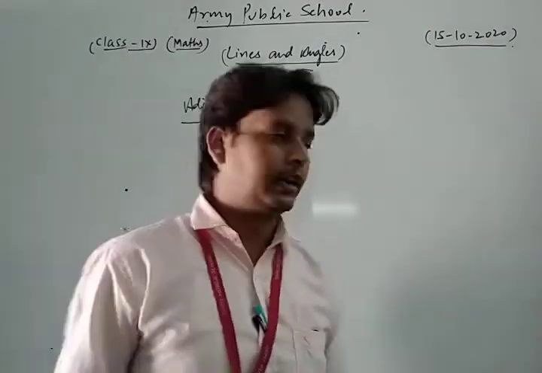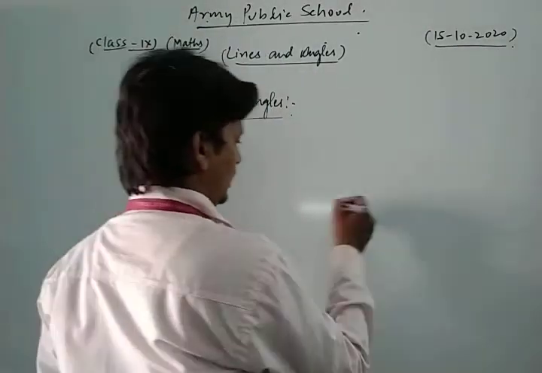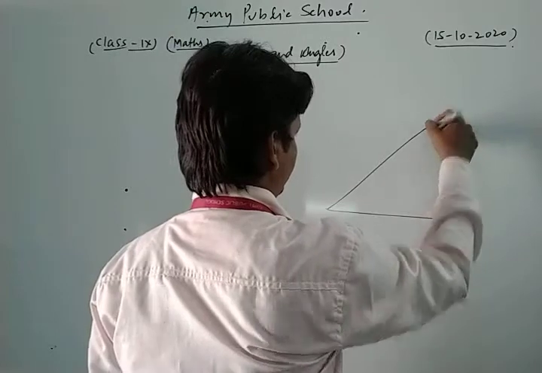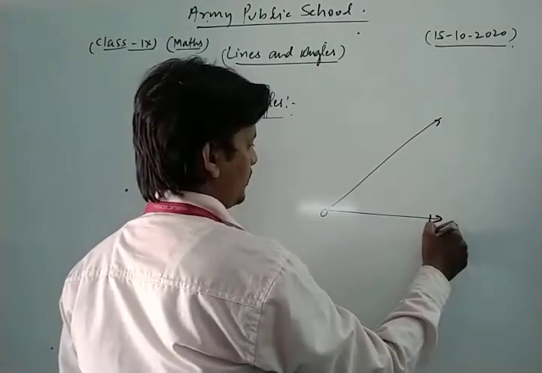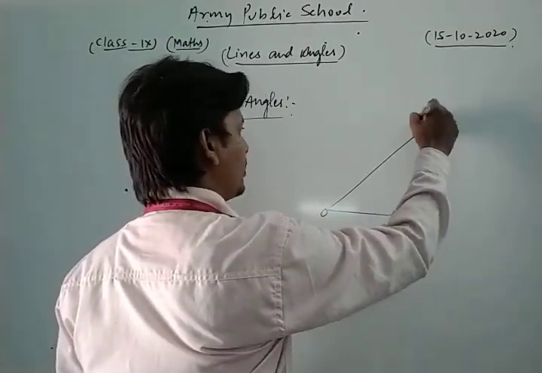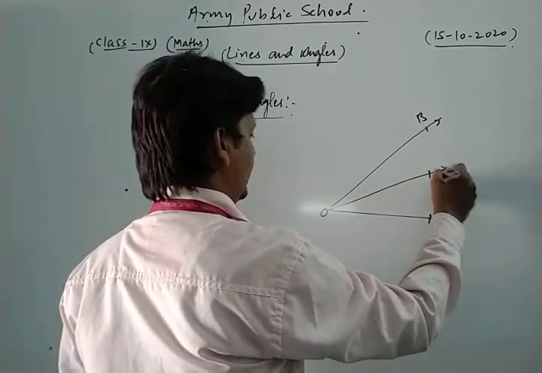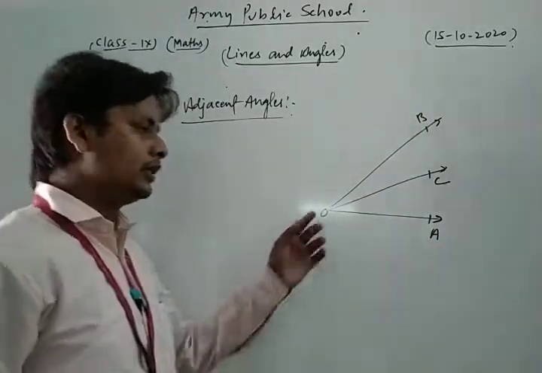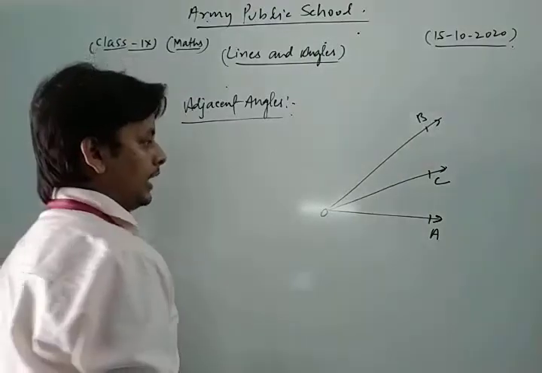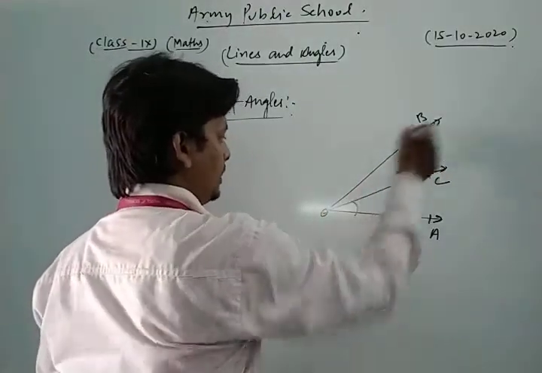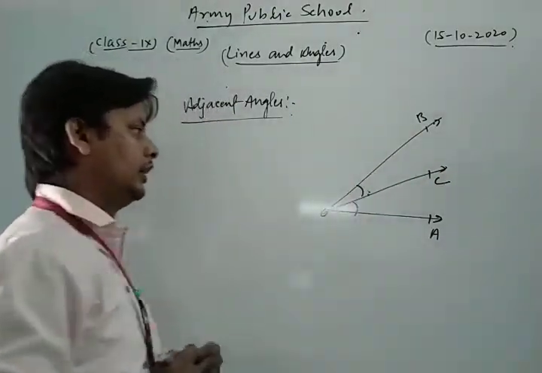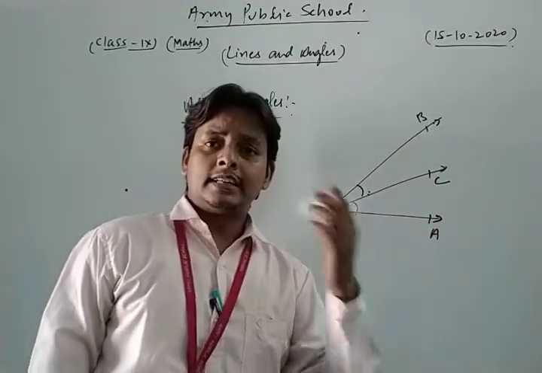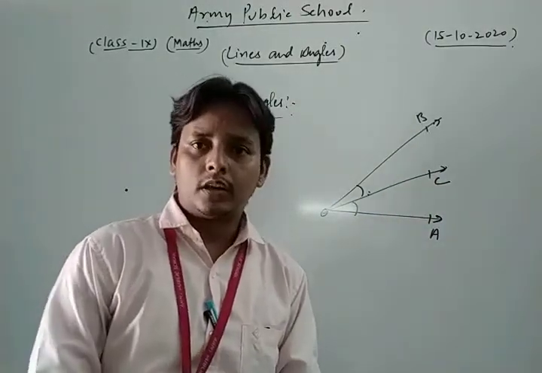Suppose we draw the figure with O, A, B, and the third ray OC. Here there are 2 angles, AOC and BOC. Dear students, what are the necessary conditions for adjacent angles?